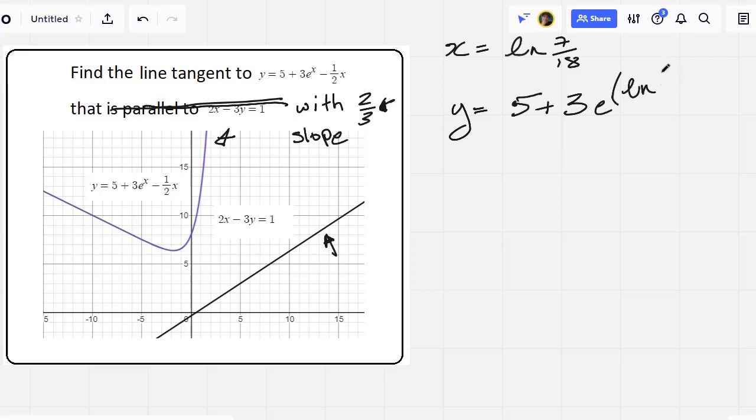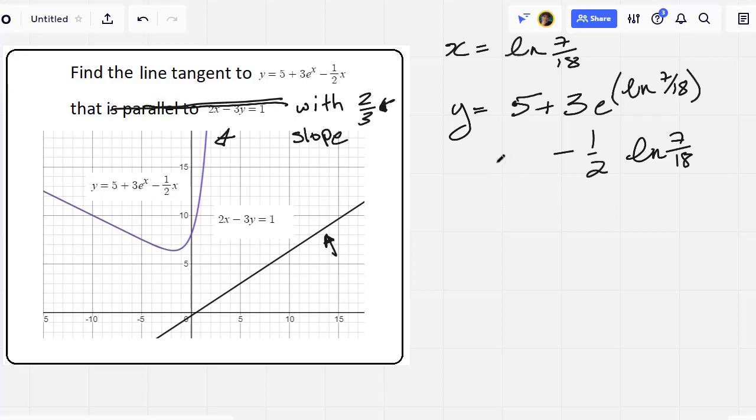This starts to look kind of messy, but this part will actually work out really nicely. Minus 1/2 of log 7/18. We're going to see that term a lot because we can't simplify it anymore.